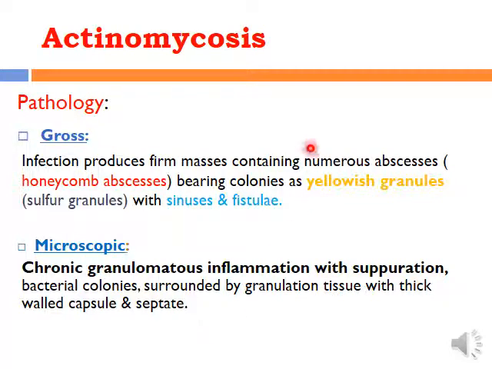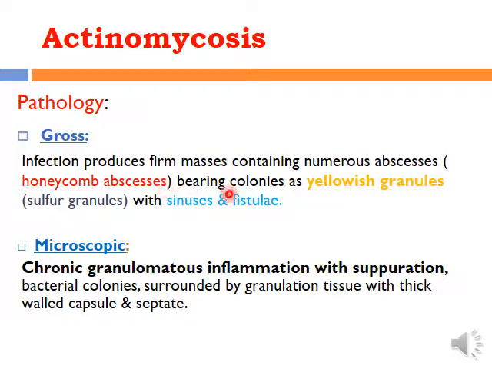Regarding the macroscopic and microscopic picture of actinomycosis, infection by actinomycosis usually produces a mass-like abscess. The abscess is formed of multiple abscesses fused together, تنتبه, with a honeycomb appearance, and these abscesses are surrounded by a fibrous wall.